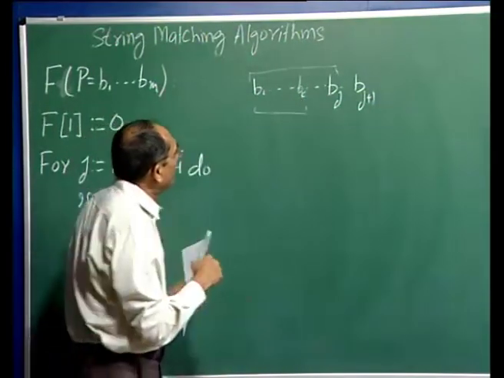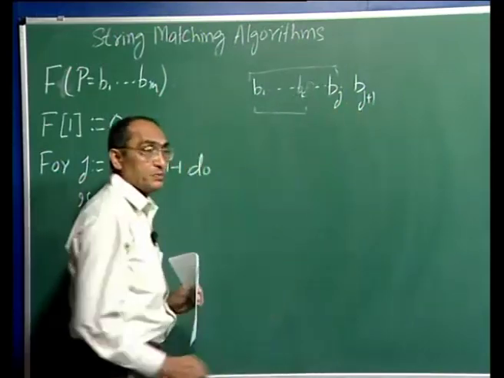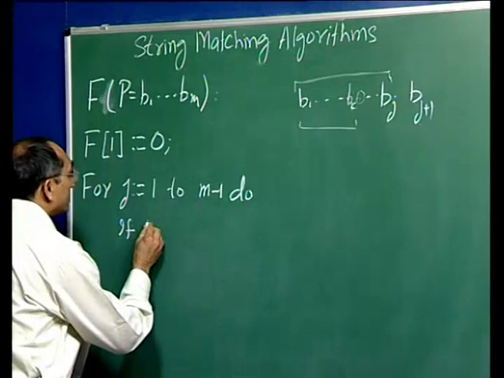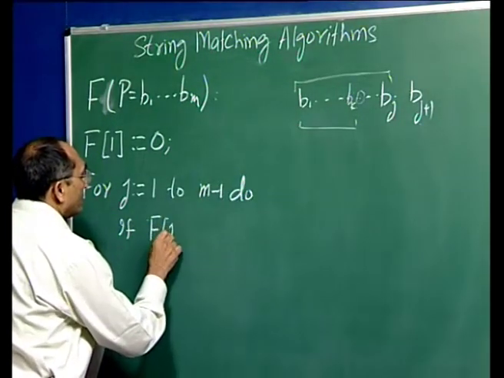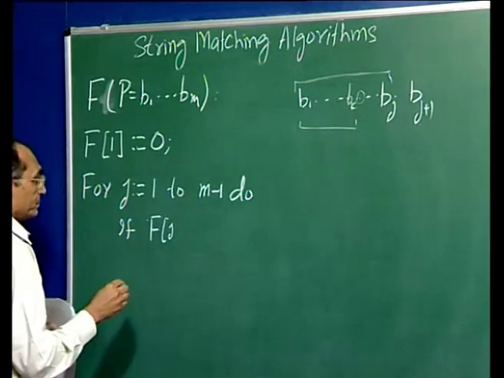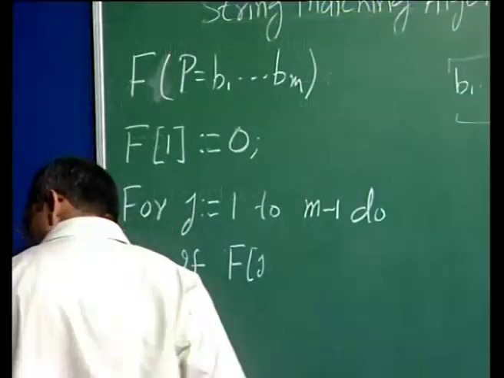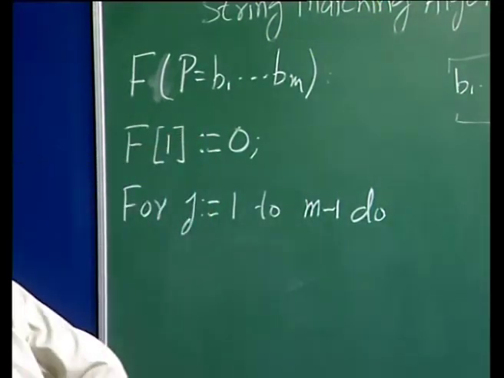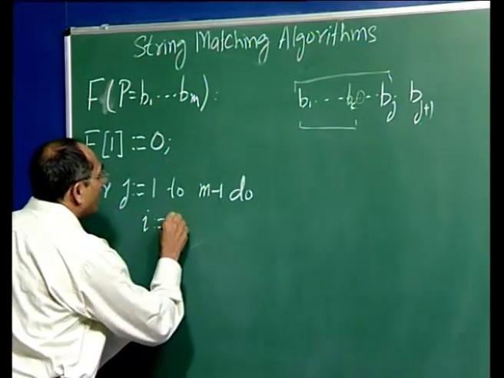Now, if it so happens that Bk+1 is the same as Bj+1, say I equal to f of j.